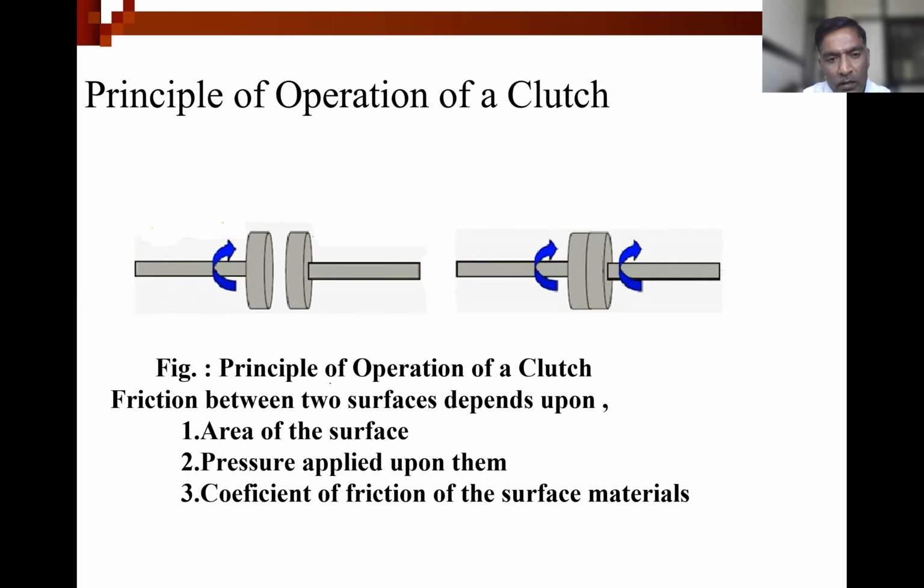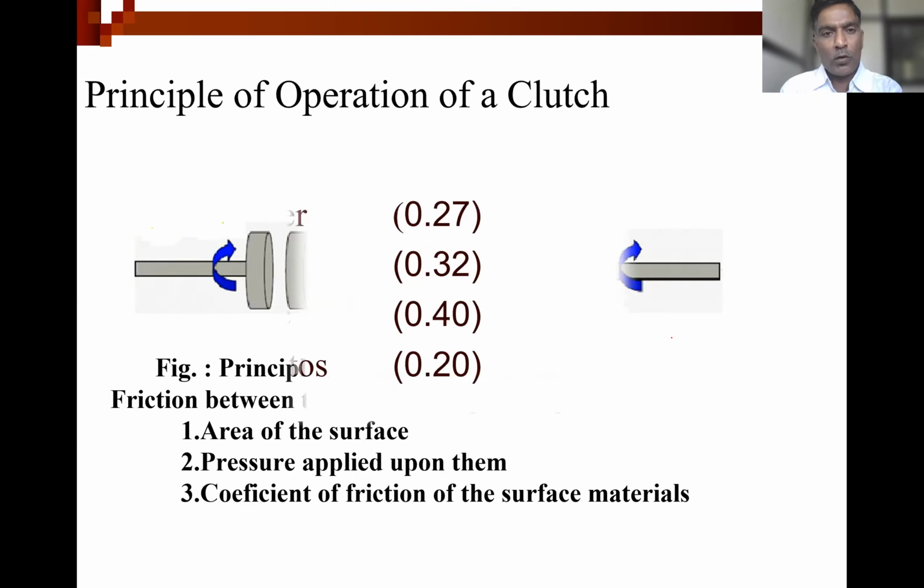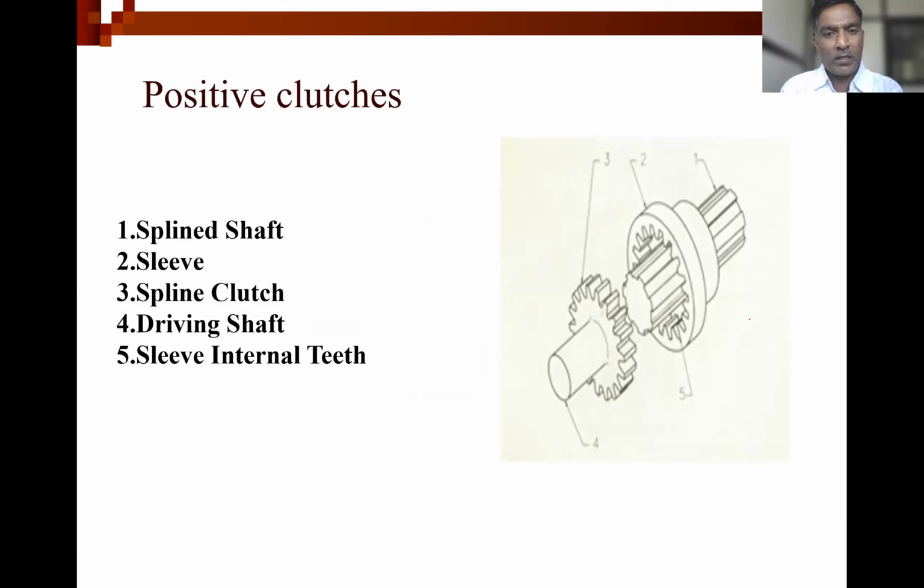If the area is more, the torque transmission will be more. Or if pressure is applied on the pressure plate, that will apply pressure on the clutch plate, and from that also we can have large torque transmission. And if a material having a large coefficient of friction is used, in that case also we can have large torque transmission. So now space is the constraint.